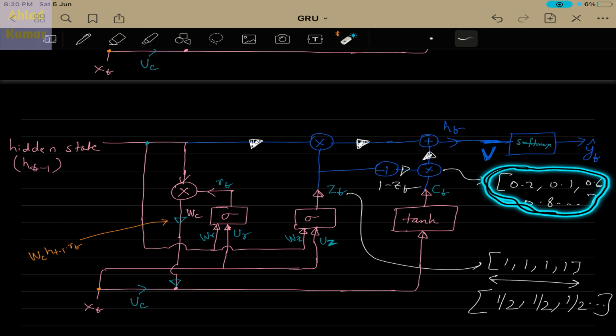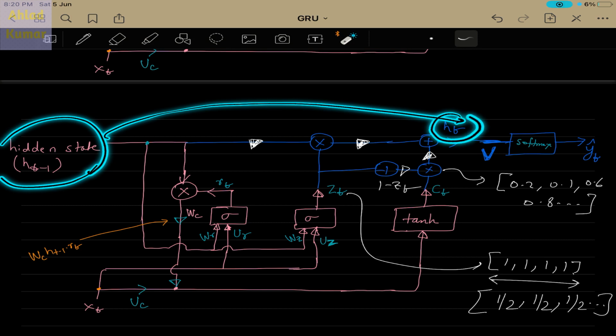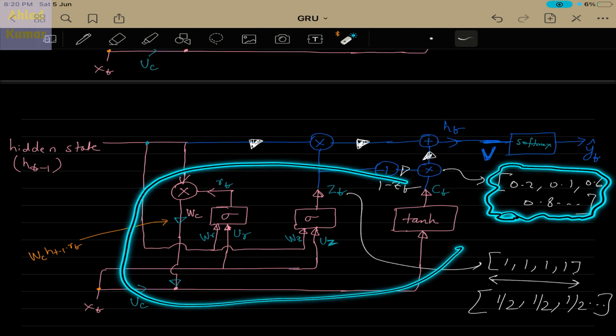So you are adding this array to the old information which you have in HT-1. This additional information modifies the old information, which is then passed to the new state HT. This information is calculated from this particular instant of time.